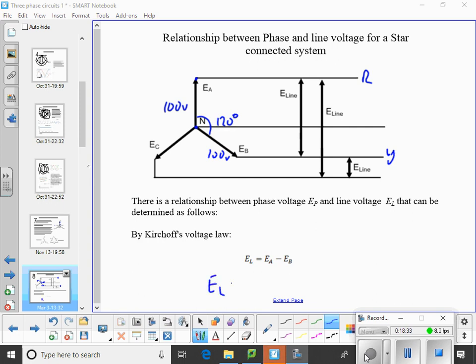EL is equal to 100 angle 0 degrees plus 100 angle 120 degrees.